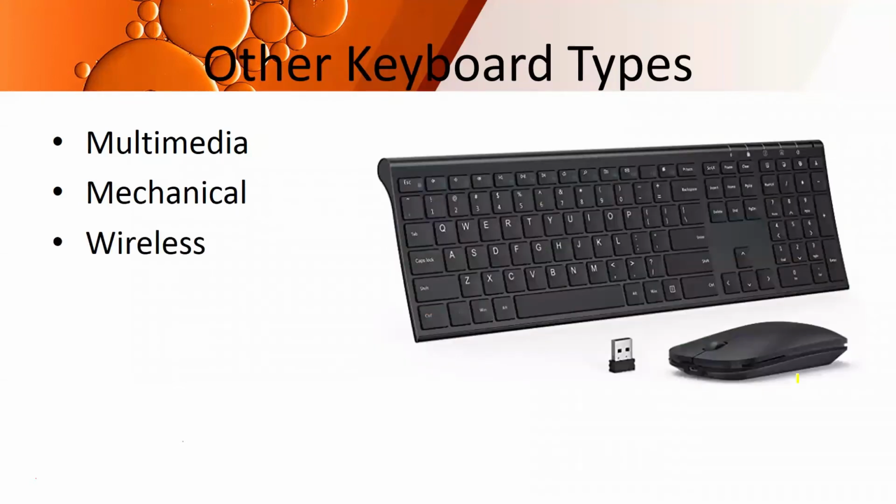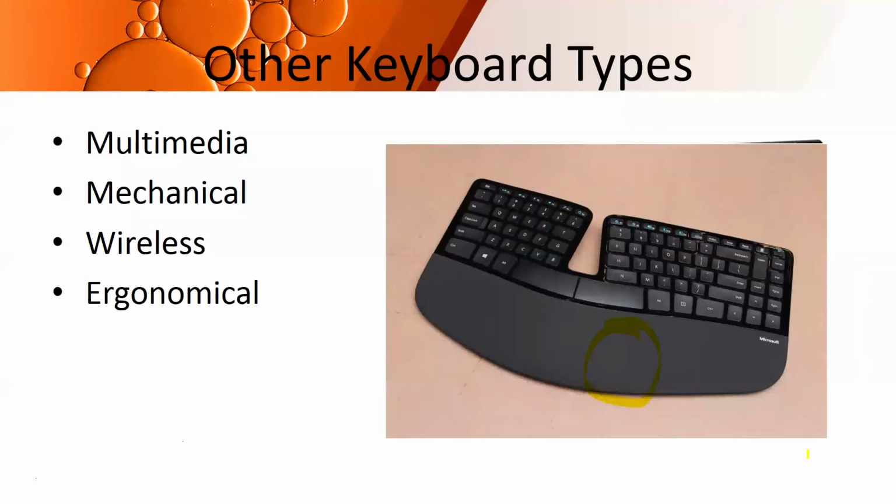Wireless keyboard, you already know it comes with a wireless adapter. You need to attach it to the CPU of your computer, and you will not find your table cluttered with wire. Ergonomical: ergonomy is a branch of science which deals with how to make working for long hours on a computer comfortable.